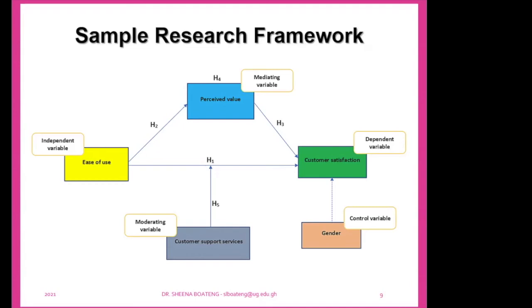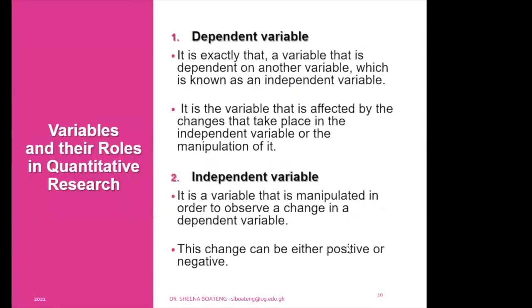So that's the main difference between the control variable and the independent variable. We can quickly swap right now and put gender here and put ease of use there, and gender can easily fit in as an independent variable, right? So that is the difference between a control and an independent variable.